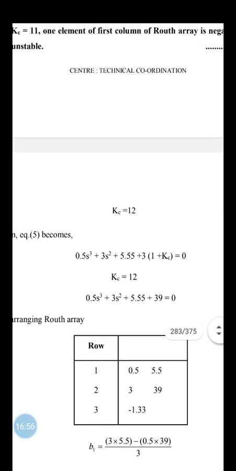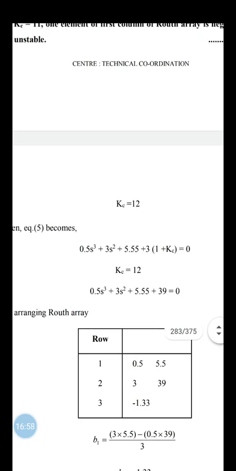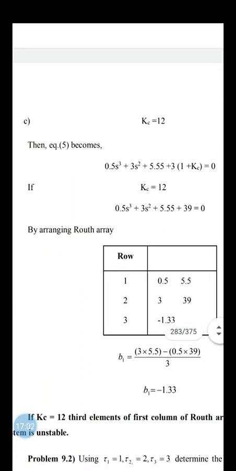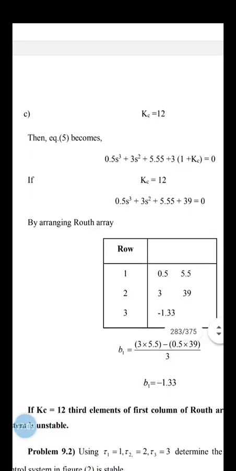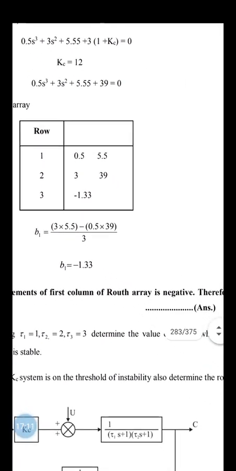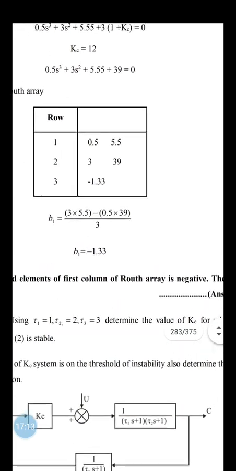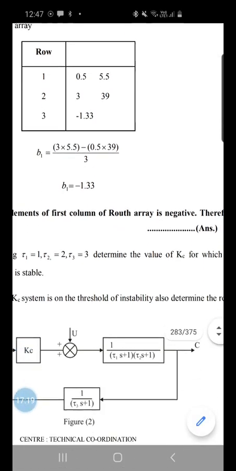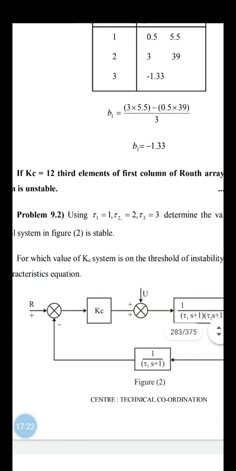If Kc is equal to 12, again you put this value of Kc into the equation and you get 0.5 s cube plus 3 s square plus 5.5 s plus 39 equal to 0. Again the Routh array is arranged in the alternate manner: 0.5, 3, 5.5, 39. You can find the b1 value, it is minus 1.3.